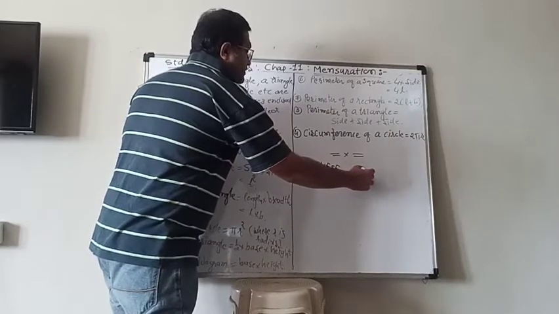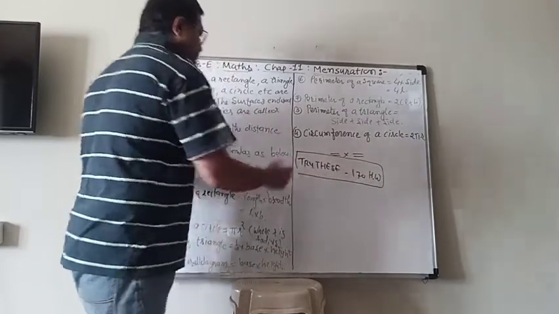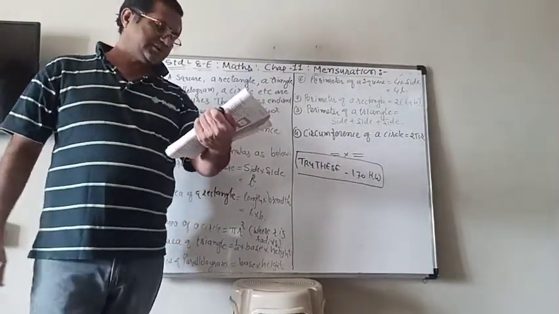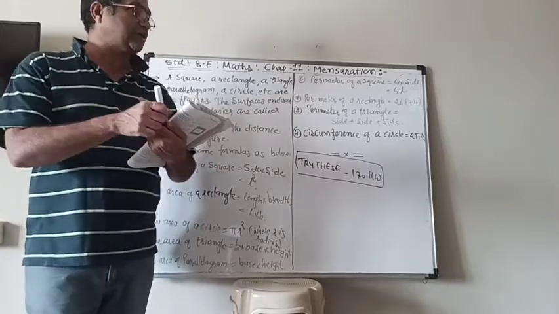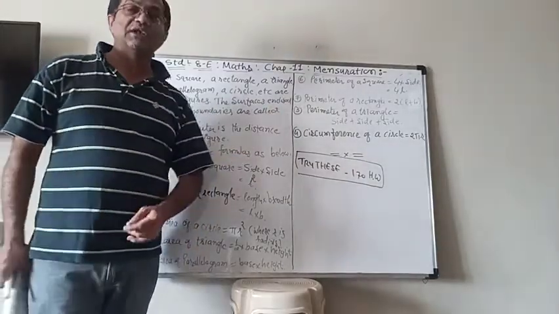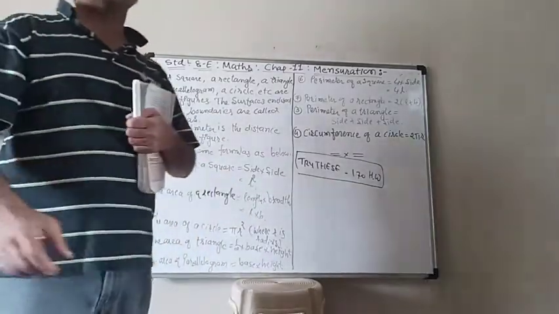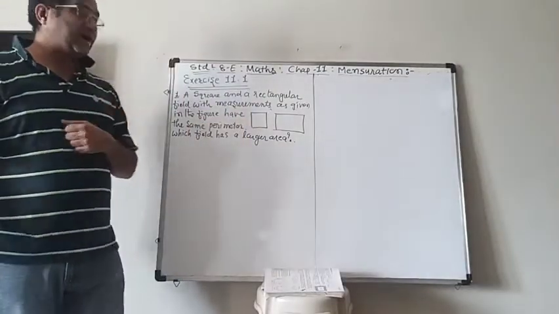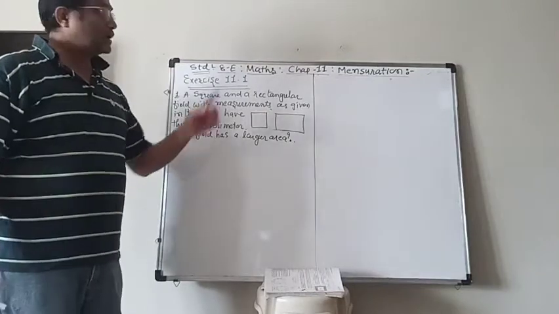I will give you an example, in which it's very simple that we have to make the columns like that, and in the second we have to find the perimeter using this formula, so that you can easily do it yourself. Now we are going to start exercise number 11.1.